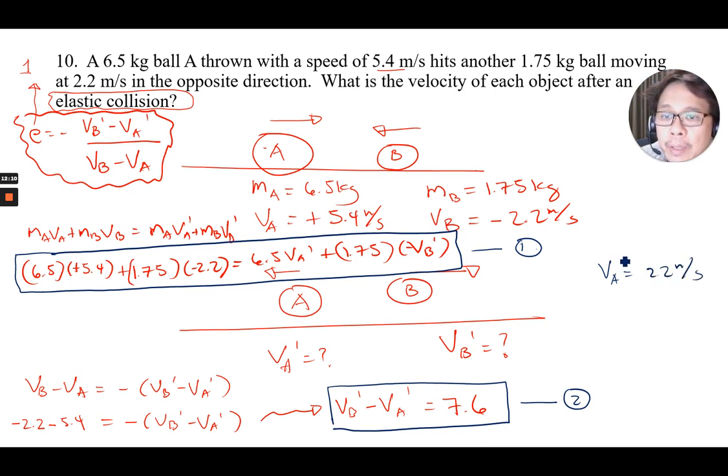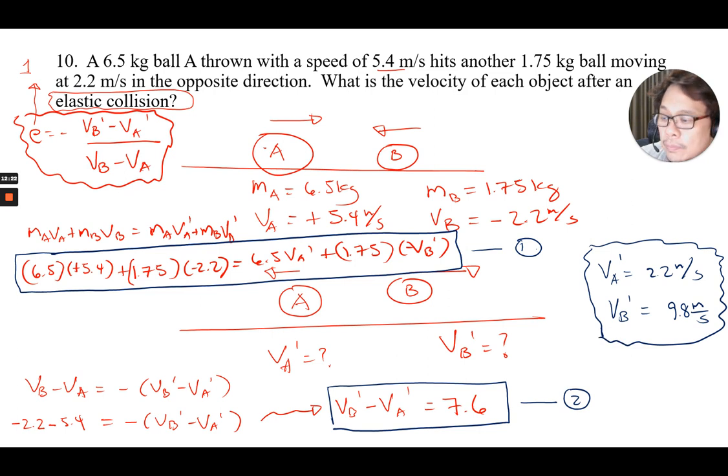This is VA prime. And for VB prime, you're going to get 9.8 meters per second. So these are the answers to VA prime and VB prime.